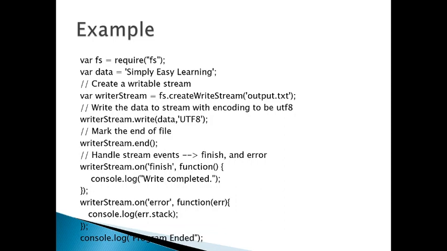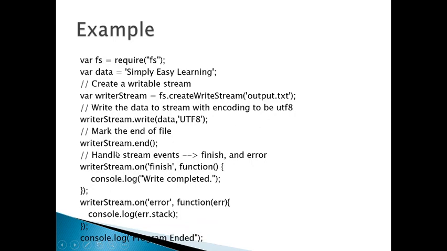This is what we are doing. We are requiring the fs module. Then we have a data variable which we want to write into a file. So we are opening output.txt as a writable stream and writing this data into the stream. Whenever we call writerStream.end, it will close the stream and write all the data into our output.txt file.